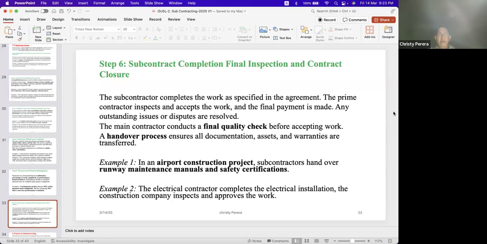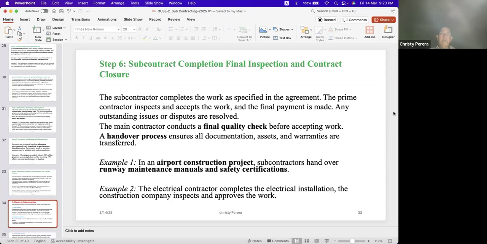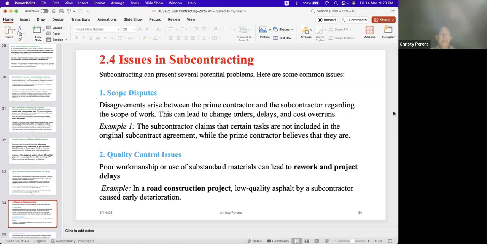Runway maintenance manuals and safety certifications they will have to give. Example 2, I have given, the electrical contractor completes the electrical installation, the construction company inspects and approves the work. That's all. Those are the process steps.